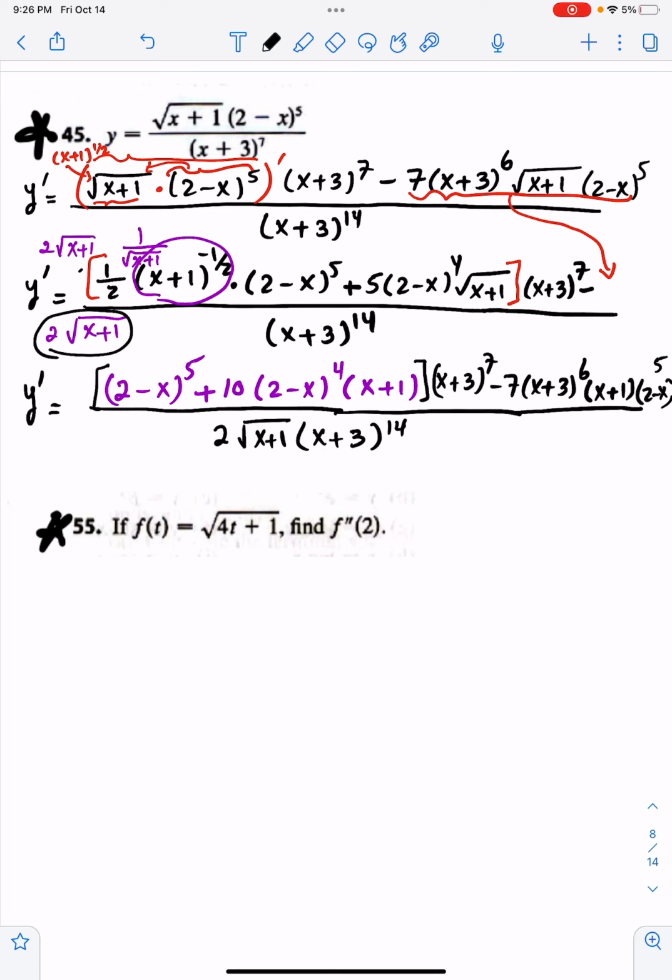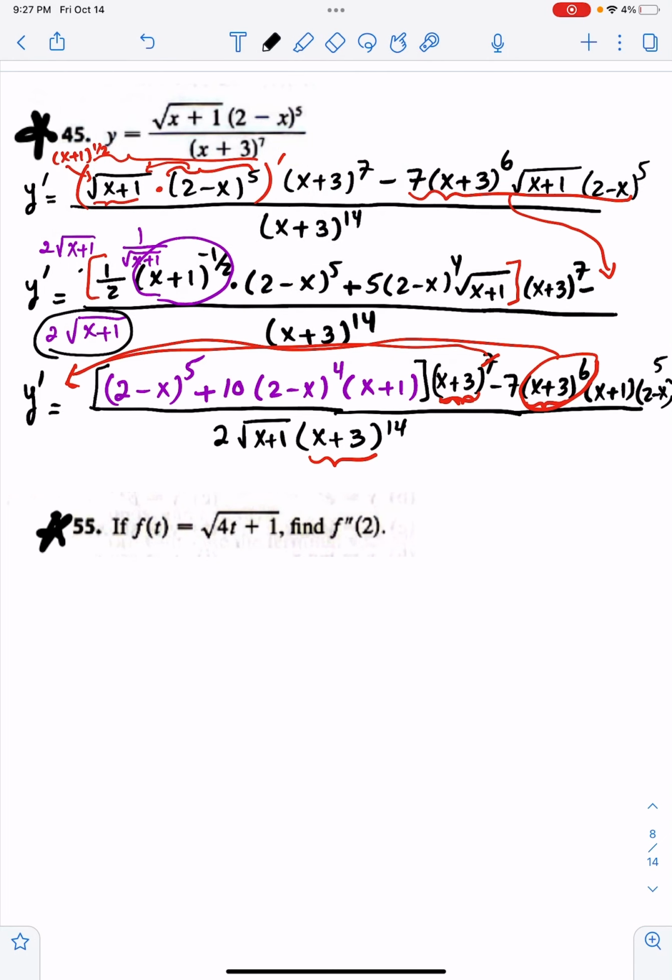(x plus 3) to power 14 could simplify more. If we factor (x plus 3) to power 6 on top, part of that cancels with the bottom. So just factoring (x plus 3) to power 6 from both of the top terms. If you take it out, and then also pull (x plus 3) to power 6 out of this, you will have only x plus 3 here because the remaining will be pulled.